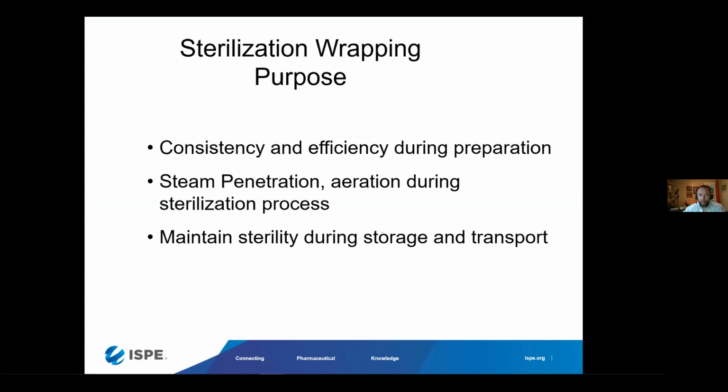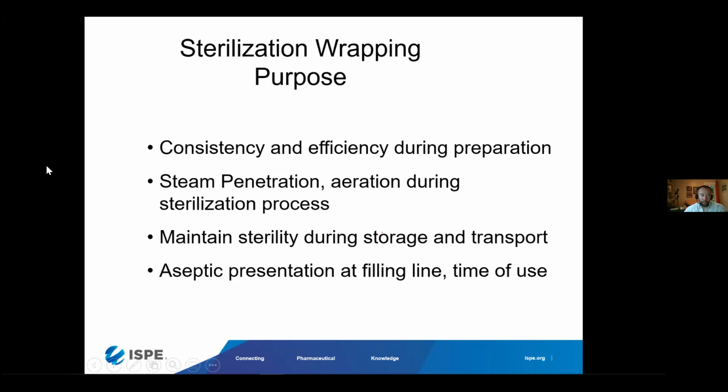And then during storage and transport, the sterilization wrapping must maintain a good microbial barrier to protect your critical parts here. And then this is sometimes overlooked. The whole purpose of preparing and wrapping prior to sterilization and through sterilization is so that we maintain sterility until the time of use, where we need to aseptically unwrap and present these parts to our filling line.